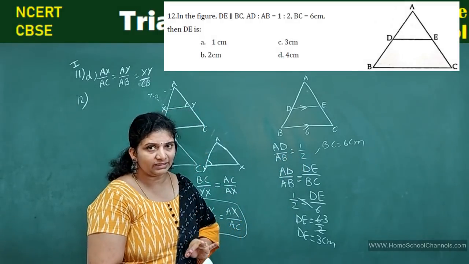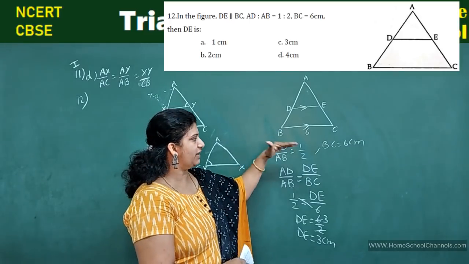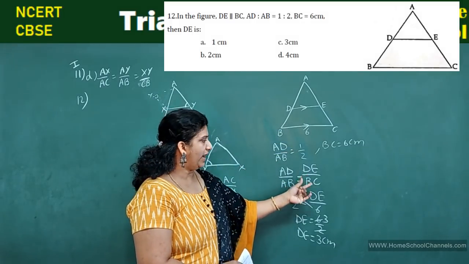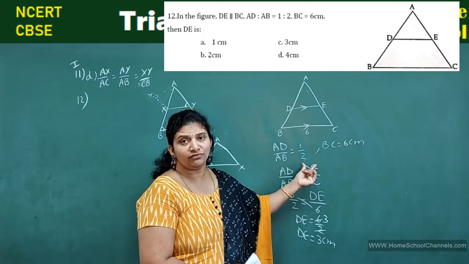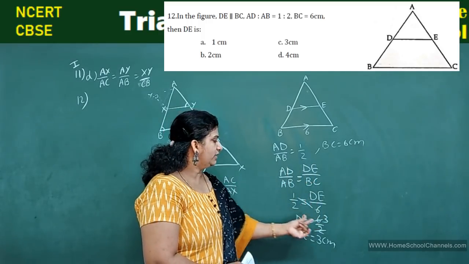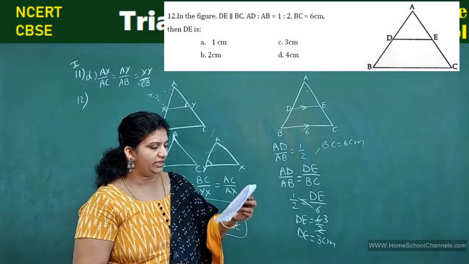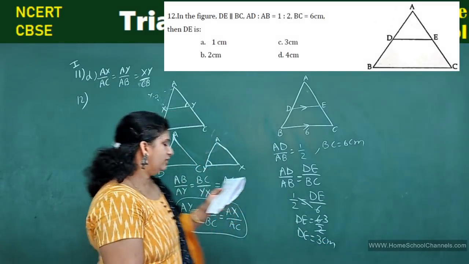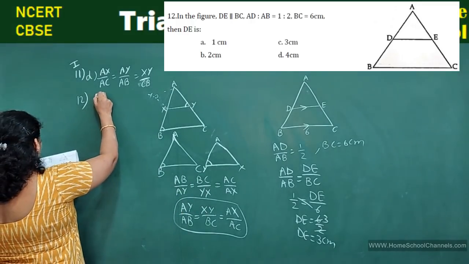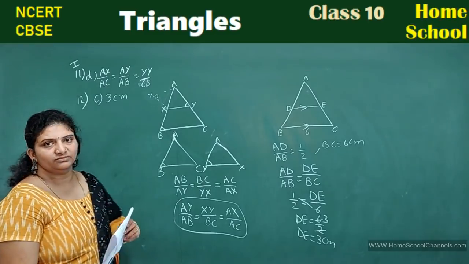Okay, understand the question carefully. AD by AB is equal to DE by BC, I have written. Why? We know BC, we need to find DE. So equate the ratio and you are going to get the exact DE value, that is 3 centimeters. Check for the option, that is option C, 3 centimeters.